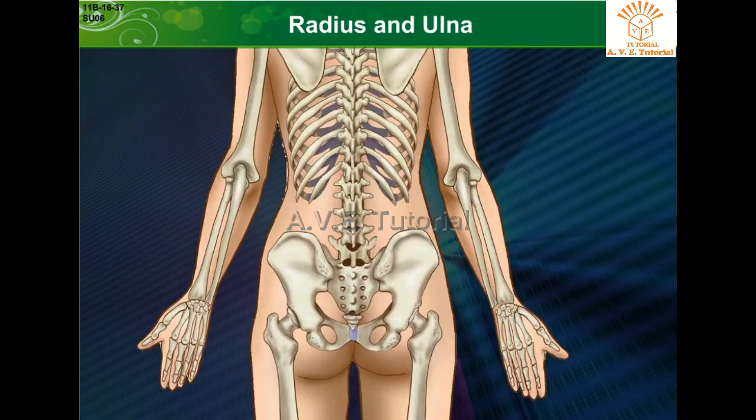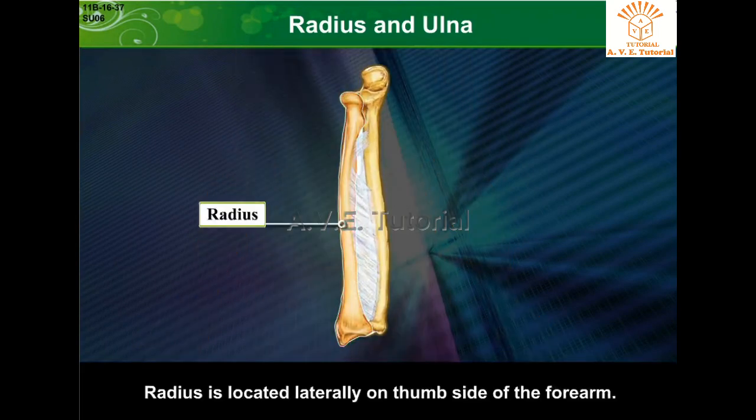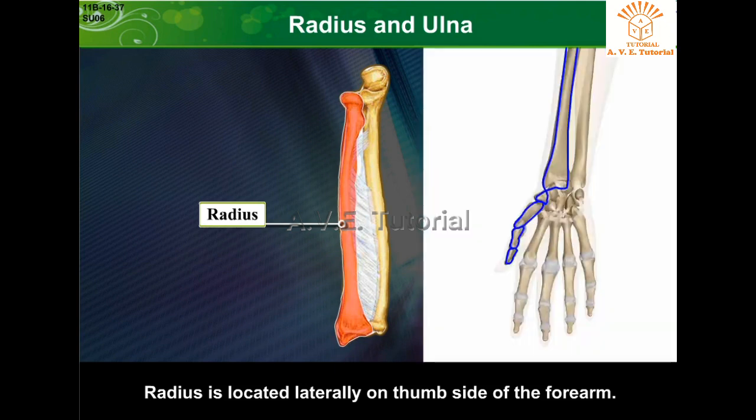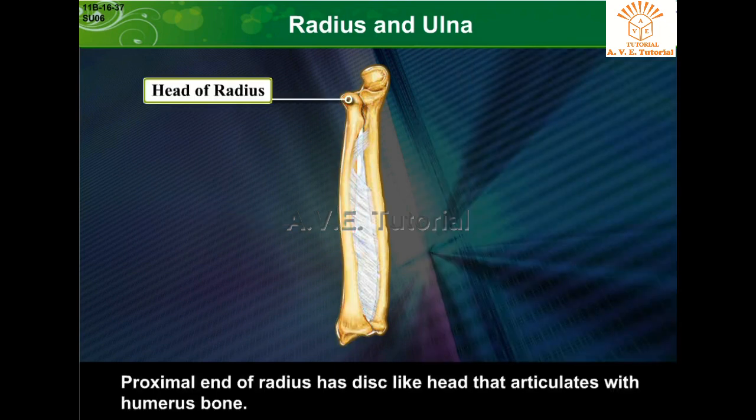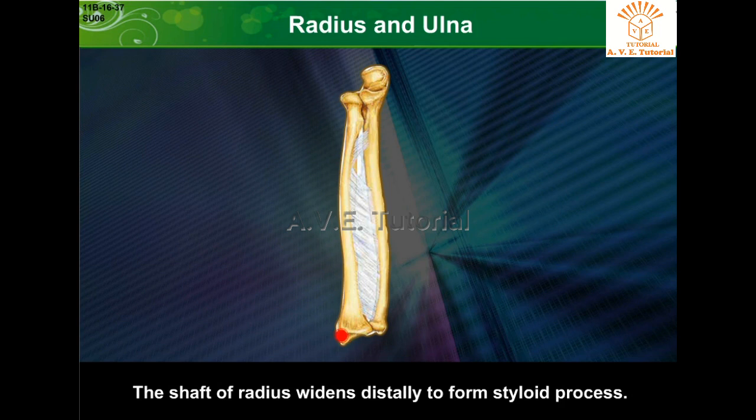Radius and ulna. Radius is located laterally on the thumb side of the forearm. Proximal end of radius has a disc-like head that articulates with humerus bone. The shaft of radius widens distally to form styloid process.